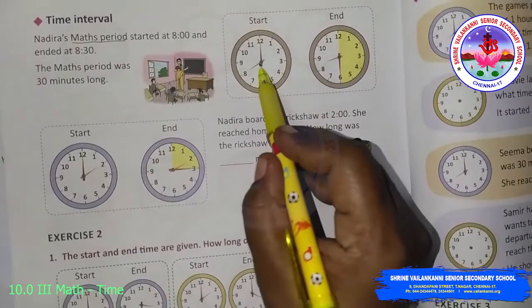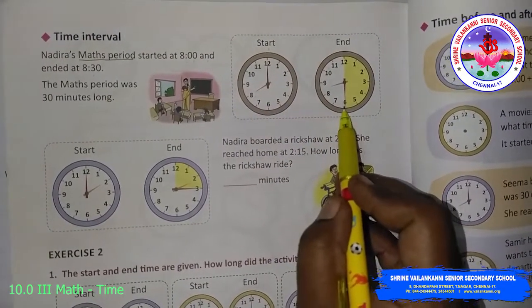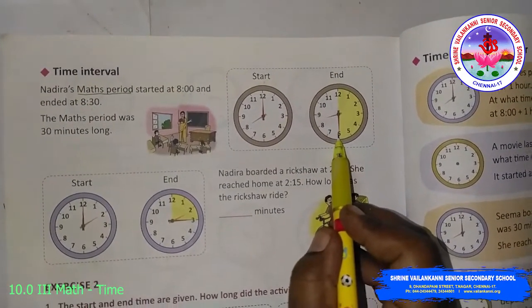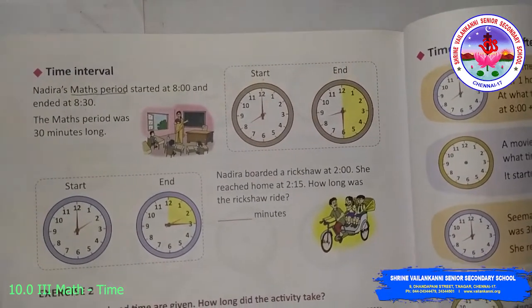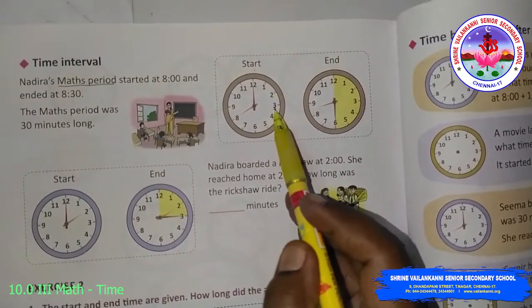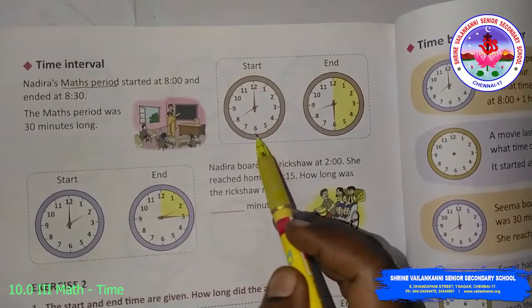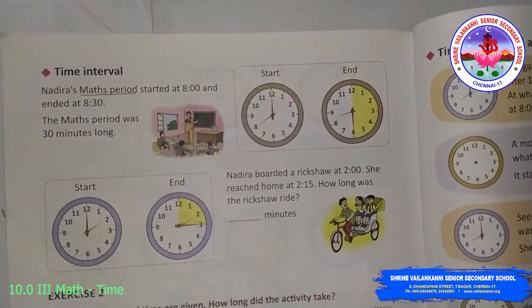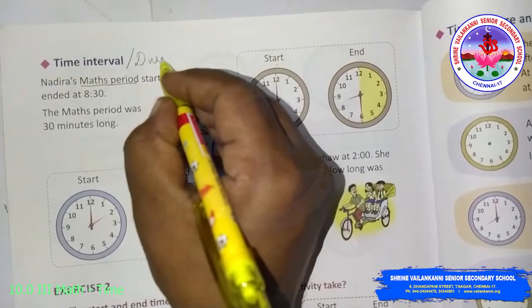You will call this 8 the starting time and this 8:30 the ending or finishing time. For how long did this maths class happen? From 8 to 8:30: 5, 10, 15, 20, 25, 30. So the maths period lasted 30 minutes. This 30 minutes you will call the time interval, or you can also say duration.